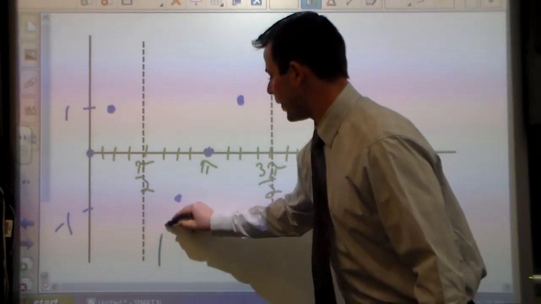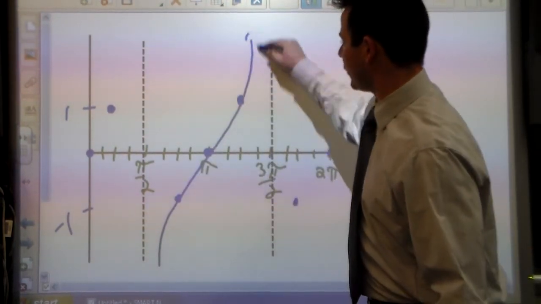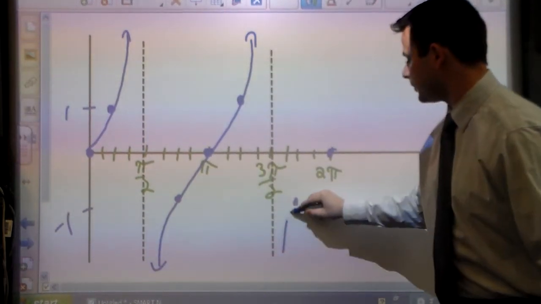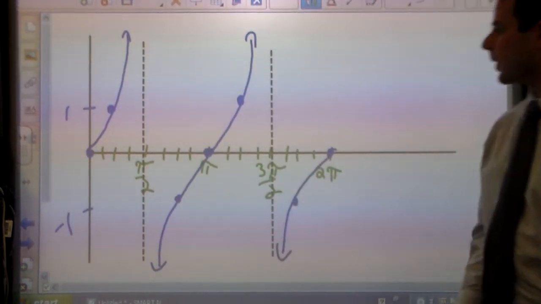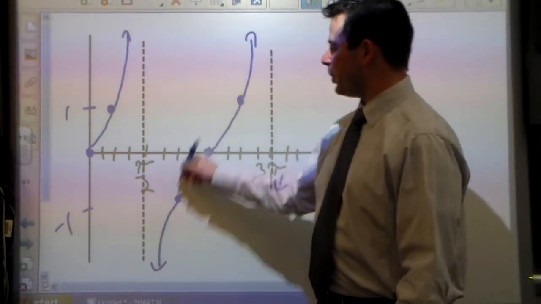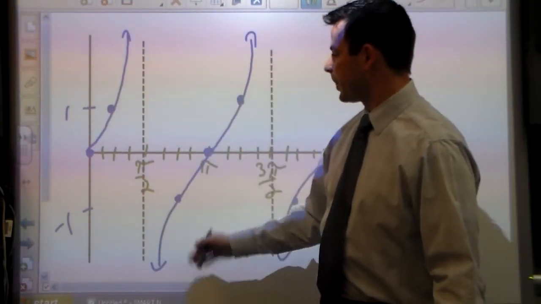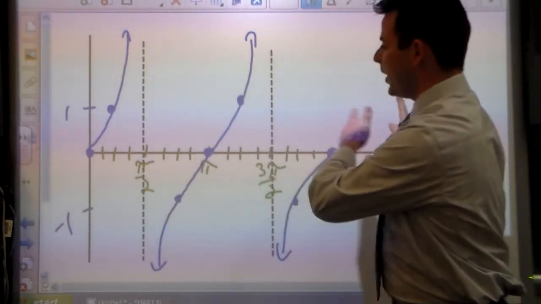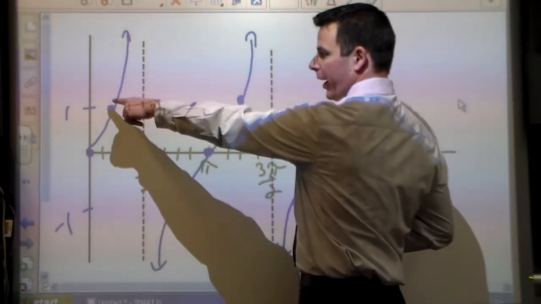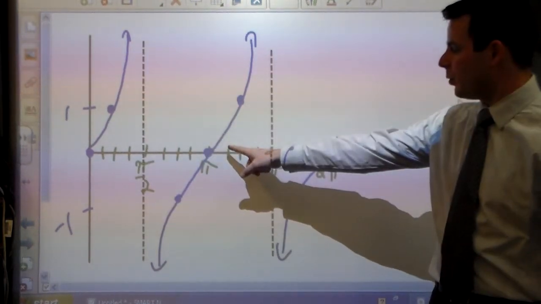So this is the way I like to graph tangent. The way to think about it is that this graph is repeated over and over, plugged into the middle of each of these asymptotes. If you take a look at these 2 graphs, together they create one of these graphs.